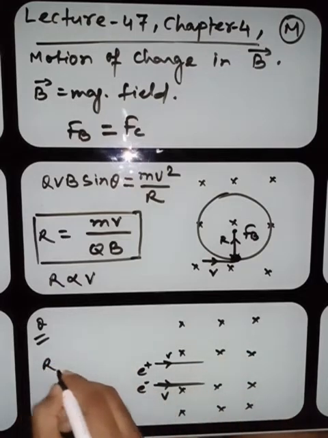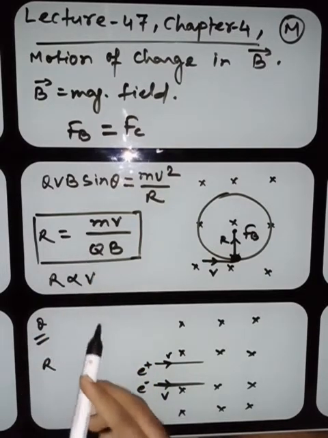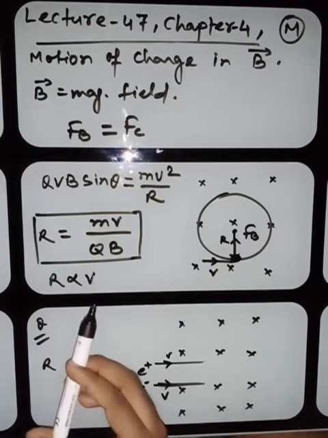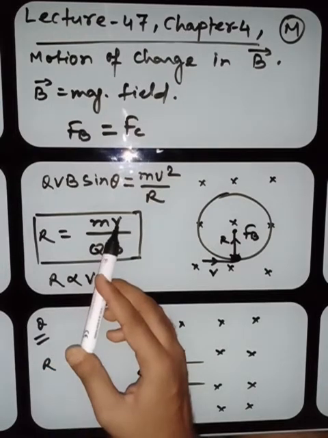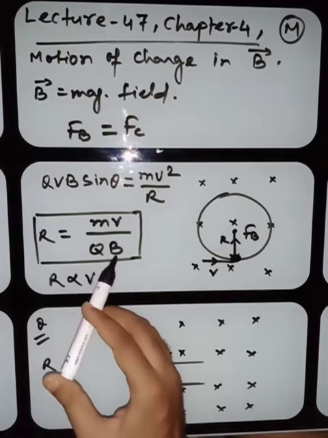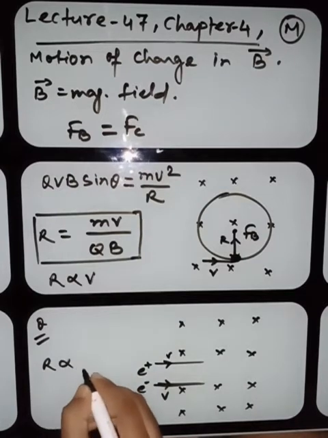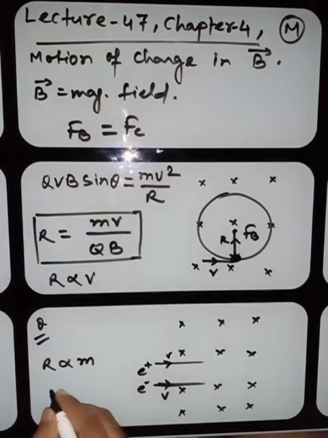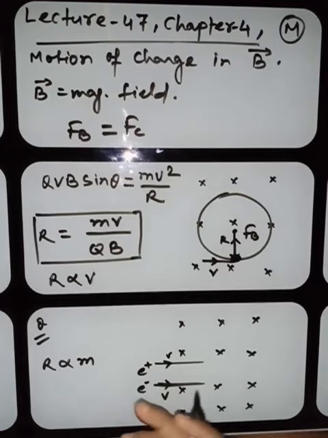Here you can see from this equation, as we know, that for the electron and proton the masses are different, both are projected with the same velocity, so v is constant. Charge, we know, is the same in magnitude for electron and proton, and the magnetic field is uniform, so B is constant. That means r is directly proportional to m, and we know that the proton is heavier than the electron, almost 1800 times heavier.